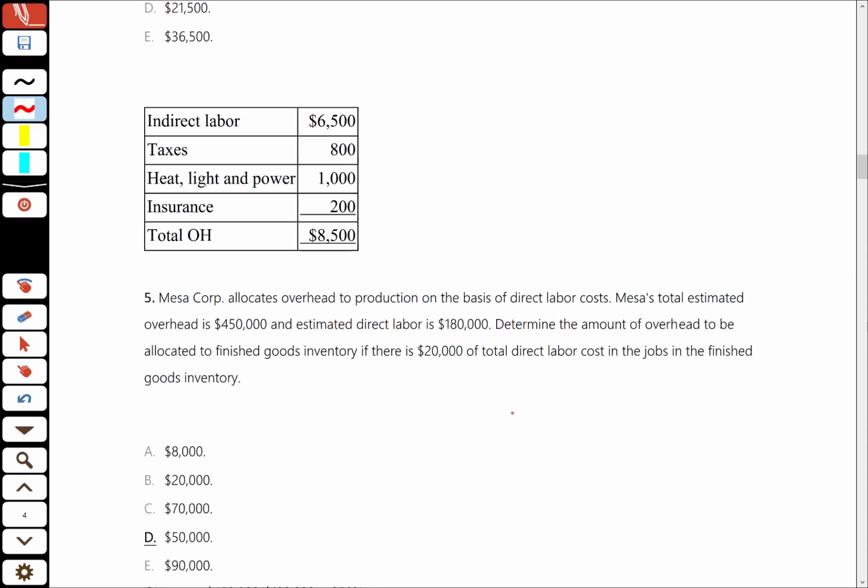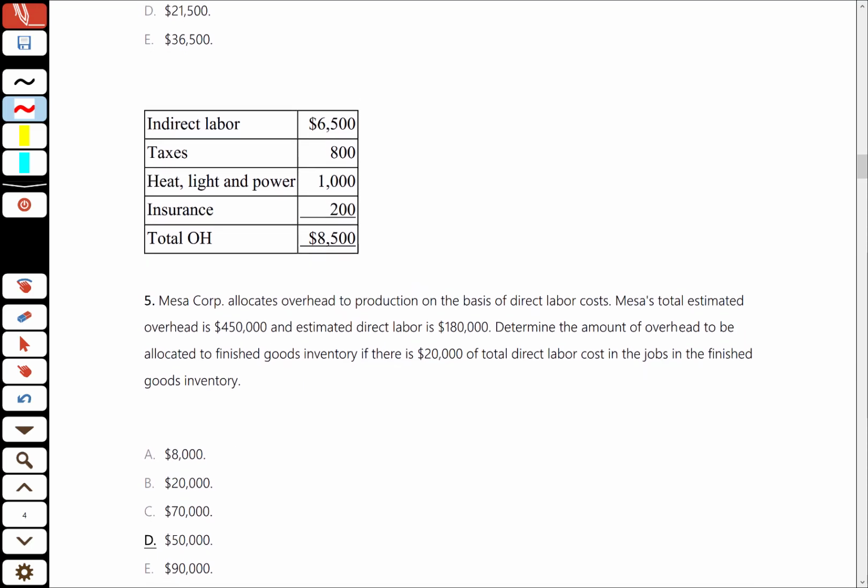Okay, let's take a look at this one. Mesa Corp allocates overhead to production on the basis of direct labor costs. Mesa's total estimated overhead is $450,000. Estimated direct labor cost is $180,000.